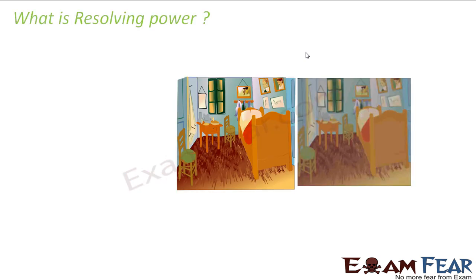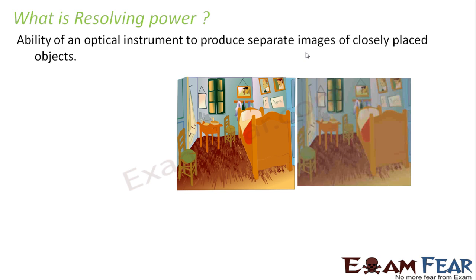What do I mean by resolving power? So what do you think is resolving power? Can you guess something looking at these pictures? Okay, let us see what it is. It is the ability of an optical instrument to produce separate images of closely spaced objects.